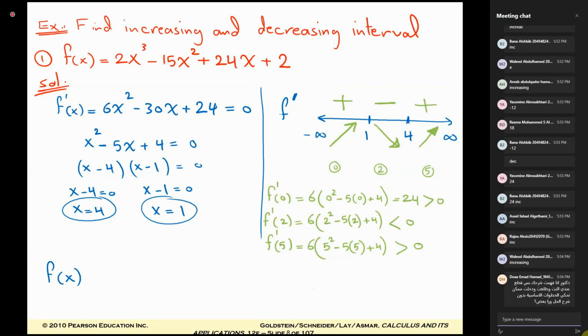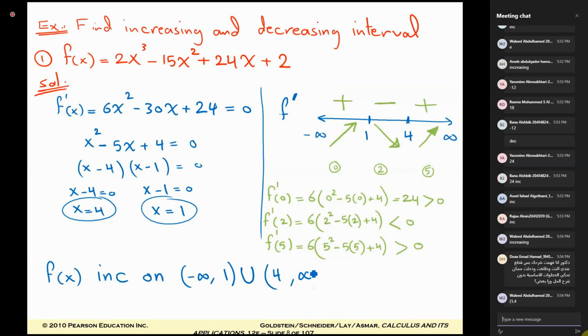For the function f of x. f of x is increasing on the interval from minus infinity to 1, union from 4 to infinity. And also f of x is decreasing on the interval from 1 to 4.